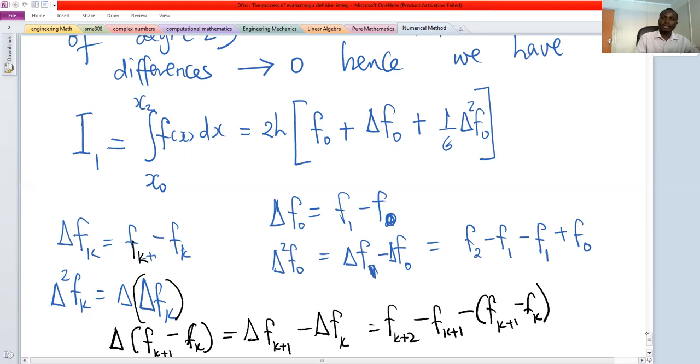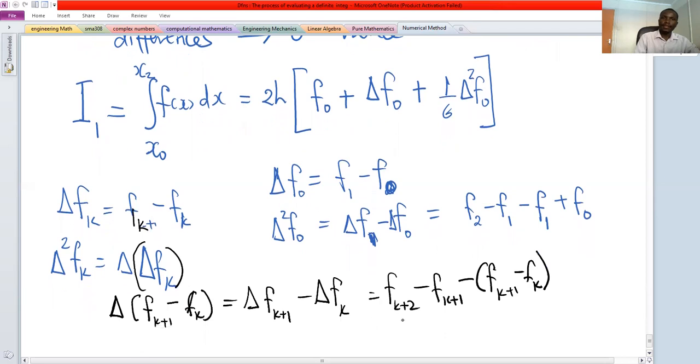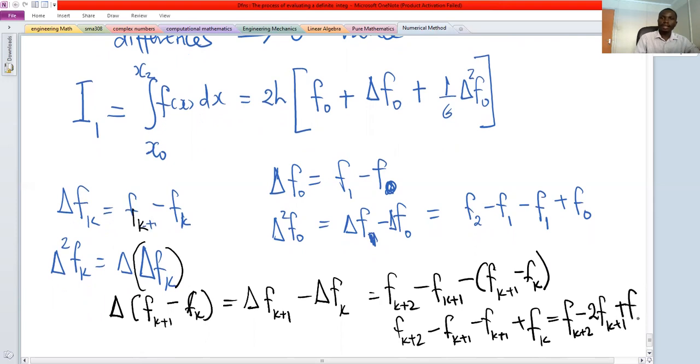And so you see when you simplify, this will be Fk plus 2 minus Fk plus 1 minus Fk plus 1, minus minus is plus Fk. So that's why we have Fk plus 2 minus 2 Fk plus 1 and then plus Fk. So this will give us F2 minus 2 F1 plus F0.